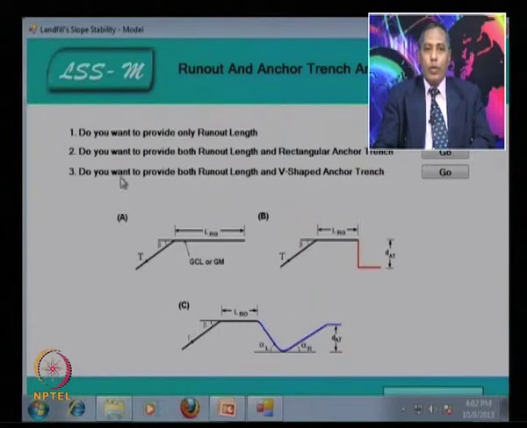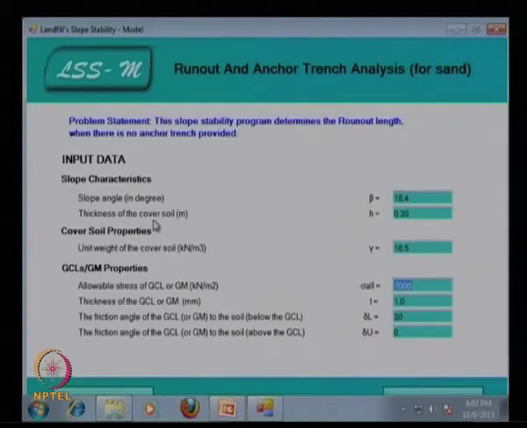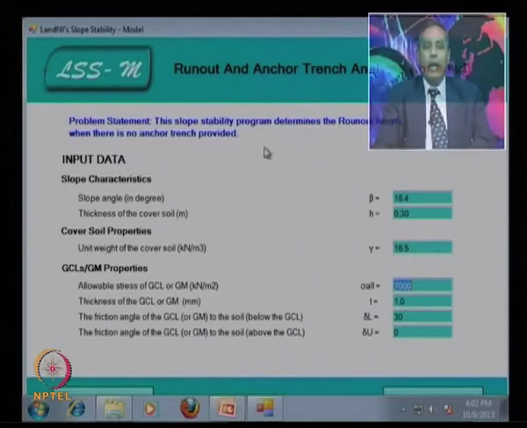Okay. So, suppose you want to go for the run out length, then this is the run out problem statement: the slope stability program determines the run out length when there is no anchor trench provided.